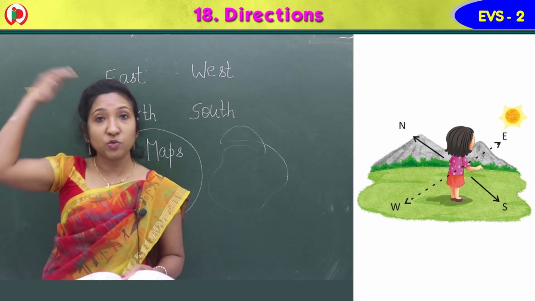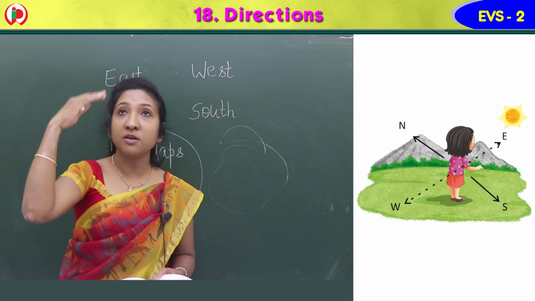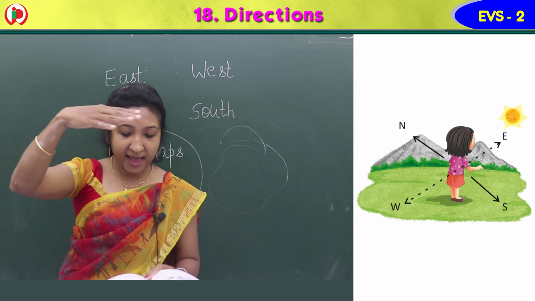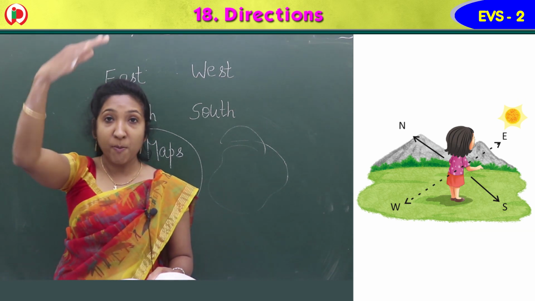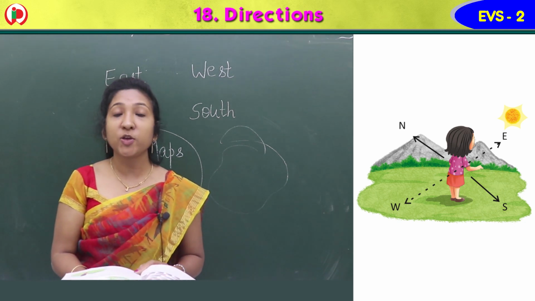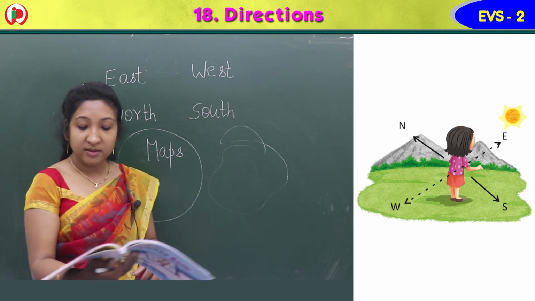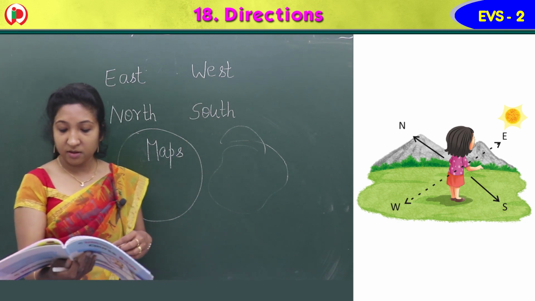Then behind you, you are standing in front of the rising sun. In front of you is the east direction, and behind you, opposite to the sun, is the west direction, W-E-S-T, west. The sun sets in the west.